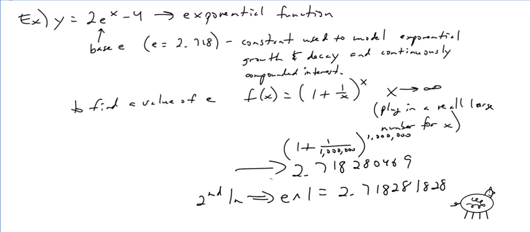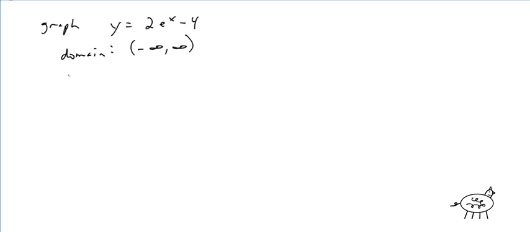All right, so anyway, talked a lot about e. Let's graph y equals 2e to the x minus 4. Okay, couple things. Let's get our domain. You guys agree the domain can be anything, right? Because it's kind of the same deal as saying 2 to that power, right? So it's going to be negative infinity to infinity, and then our range.